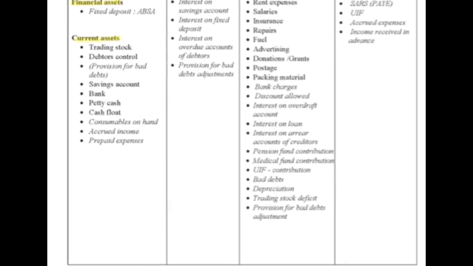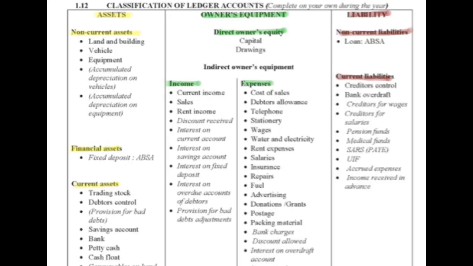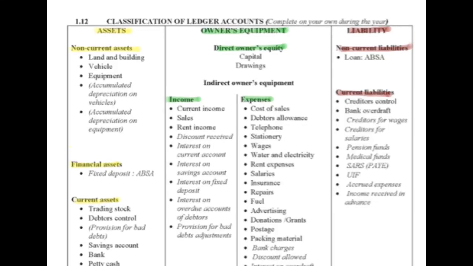Then we're going to learn a few extras: bank charges, discount allowed, interest on overdraft, interest on loan, interest on overdue creditors, pension fund contribution, medical fund contribution, UIF contribution, bad debts, depreciation, trading stock deficit, or provision for bad debts adjustment. So as I've said, print it out, put it up on your wall. You're going to really use it a lot during this year.